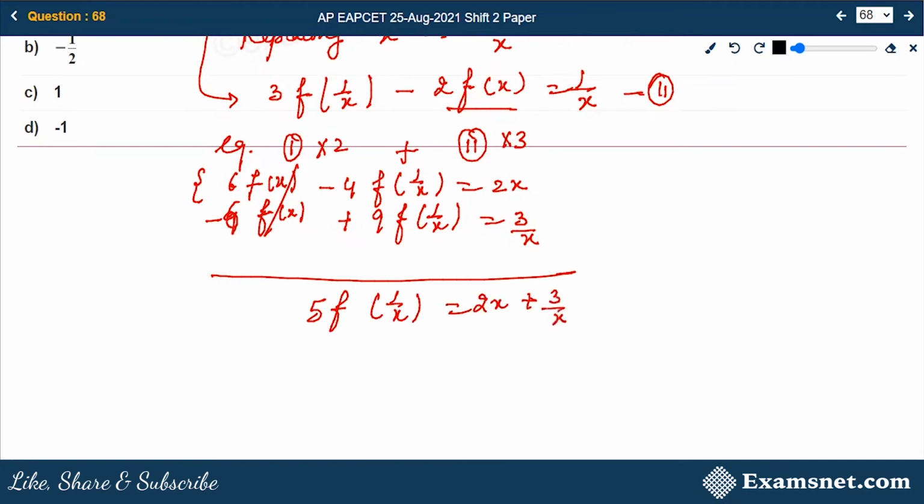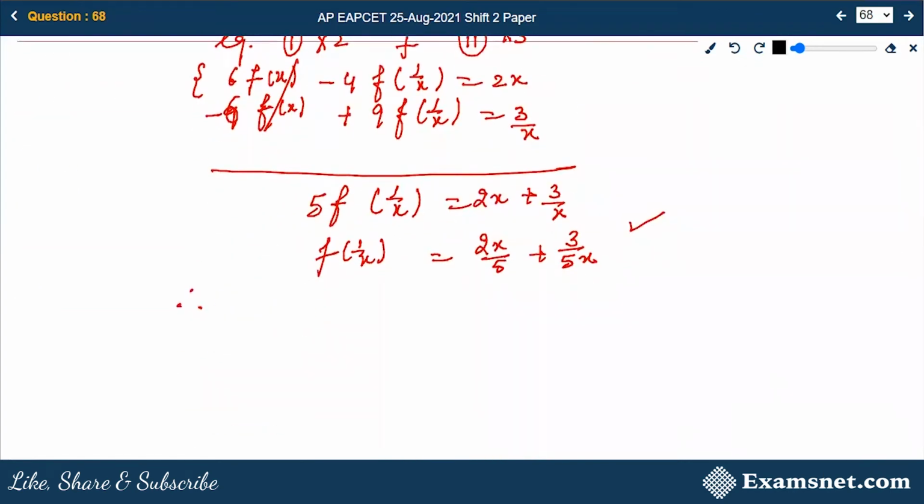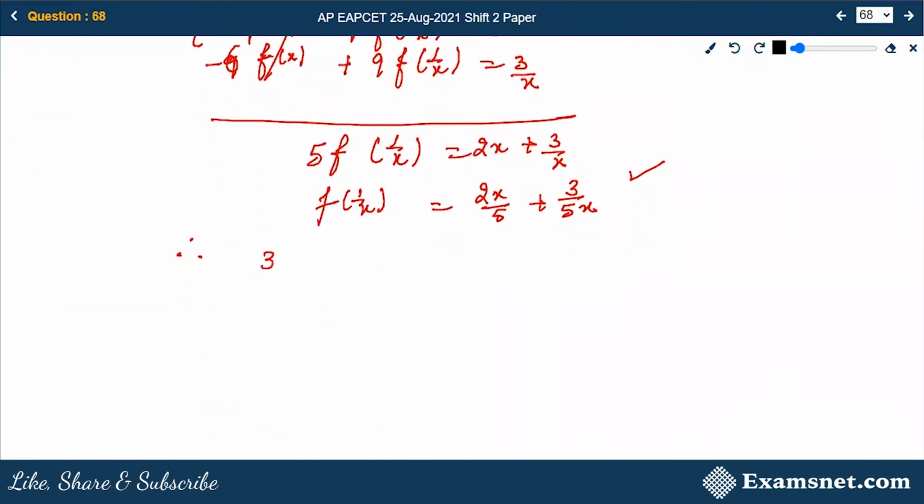plus 3 by x. F of x will be, taking this 5 to the other side, 2x upon 5 plus 3 upon 5x. Therefore, I'll now fill this value in either equation 1 or equation 2. Let's fill that: 3f(x) is equal to x plus 2f(1/x).